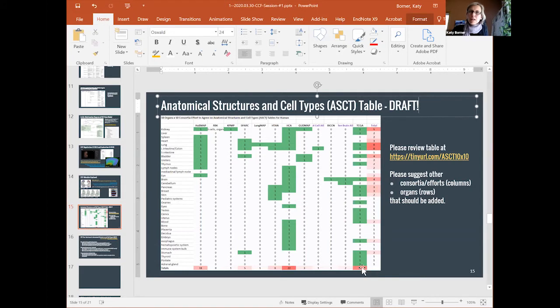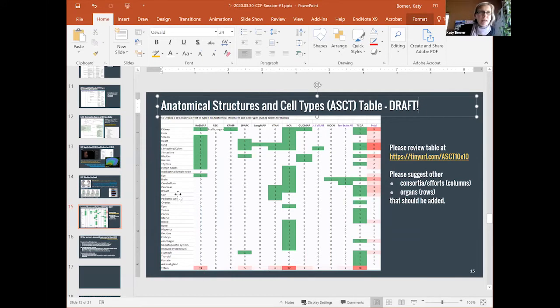But you also see that there are some consortia which are more cross-organ than others. There are some which focus squarely on one organ and do that very well and care deeply. But then there are also some efforts like HubMap, for instance, where currently we are looking at 11 organs and very soon there will be many more.